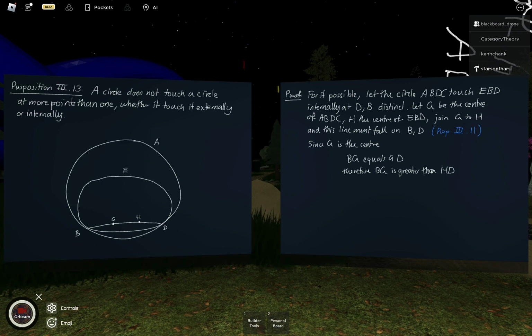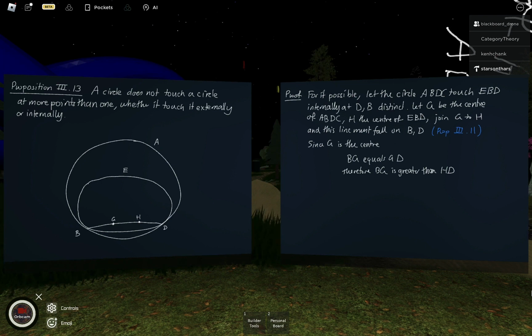So proposition 2 justifies drawing the diagram as it is. Of course, B and D, you could swap them. The labeling is irrelevant, but they are on opposite sides. So we may as well, without loss of generality, arrange it as shown. And therefore, BG, I can indeed take that to be greater than HD.